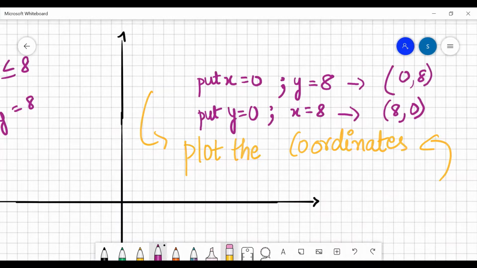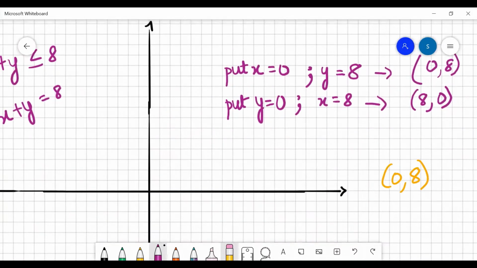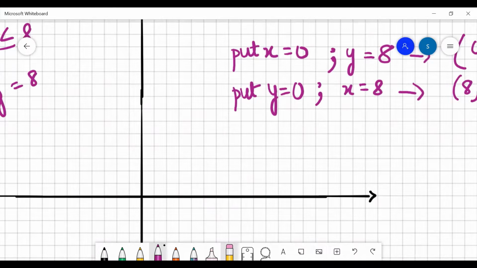So let me take 0 comma 8 first. 0 comma 8 would be 1, 2, 3, 4, 5, 6, 7, 8. This would be 0 comma 8. And 8 comma 0 is 1, 2, 3, 4, 5, 6, 7, 8. Alright, this is 8. So this would be 8 comma 0. Let me just write it here.